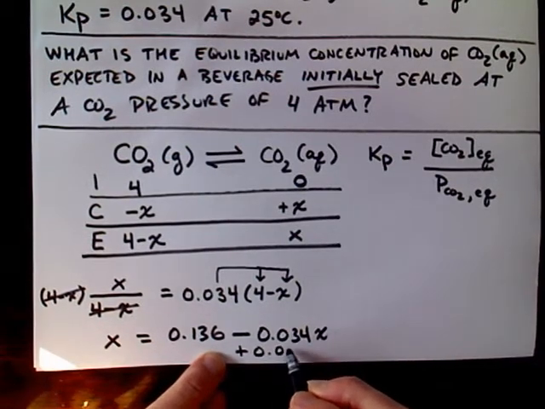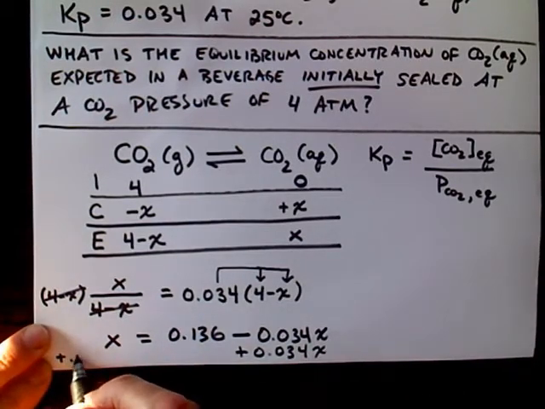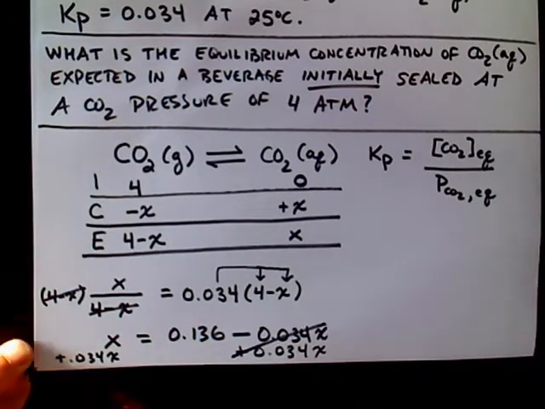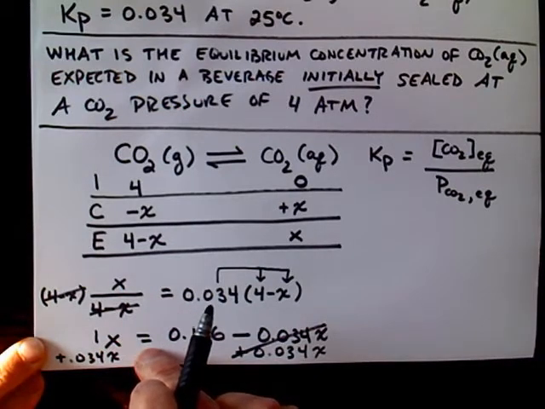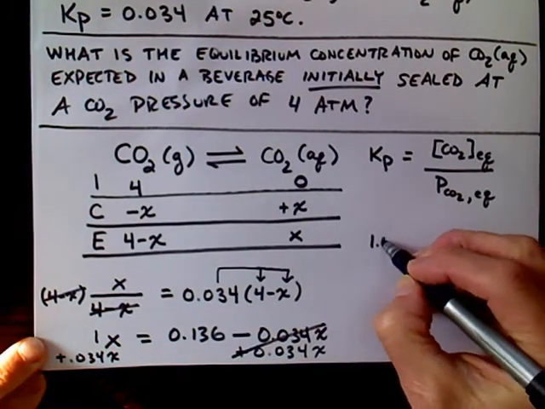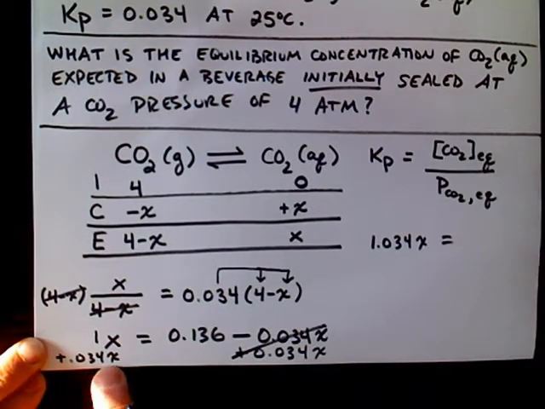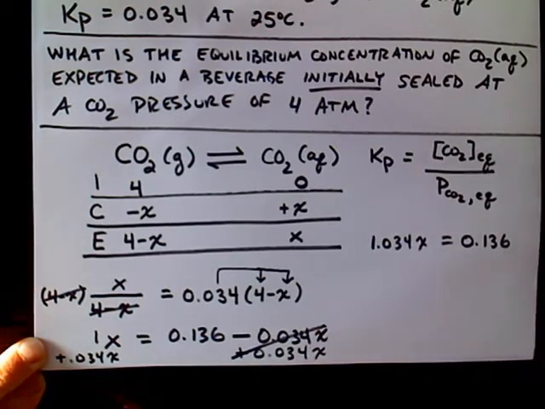Now I'm going to add 0.034X to both sides. This cancels. X is just 1X, so 1X plus 0.034X is 1.034X on this side of the equation. And on this side, we just have 0.136.